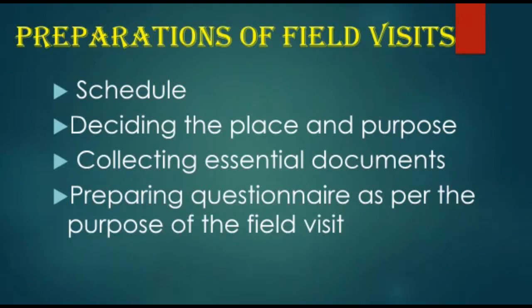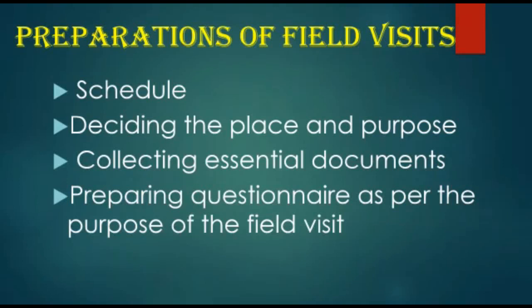Then collecting essential documents. It includes collecting necessary permission letter from the resource person. Let's take one example. Suppose we are planning to visit a sugar factory, then we need to collect a permission letter from the owner of the sugar factory allowing a visit to the factory.